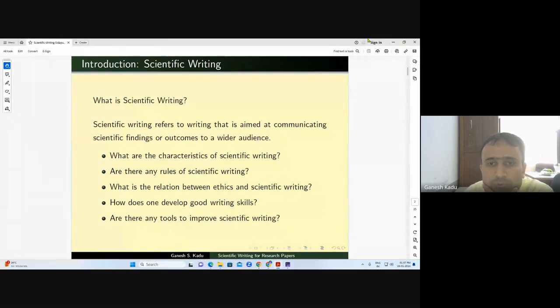This wider audience could be people working in a particular area of research, or the general public, or administrators, for example. You've done some research and you want to communicate that to a broader audience. How do you do this?